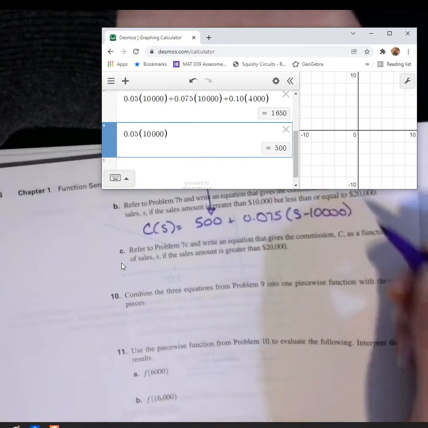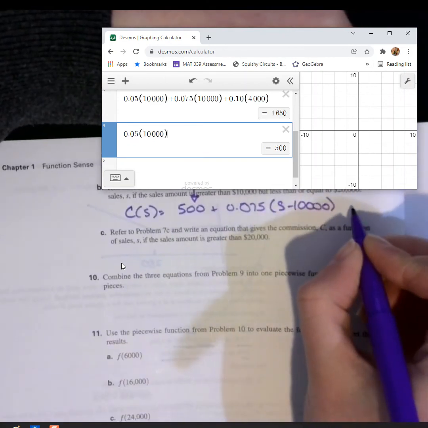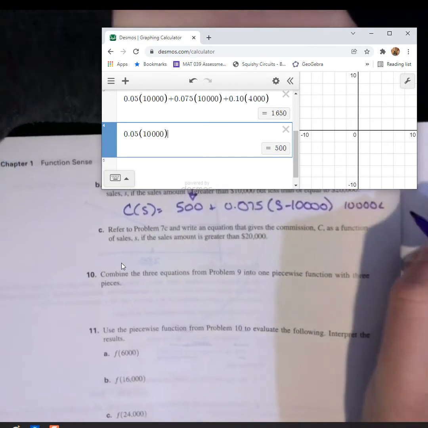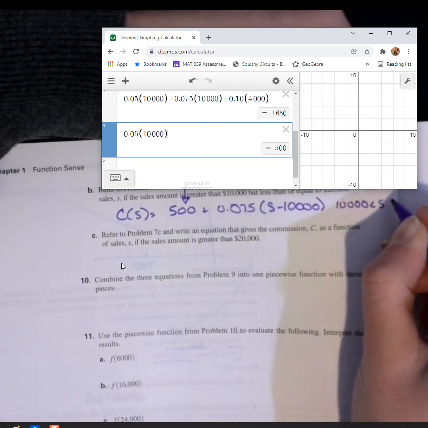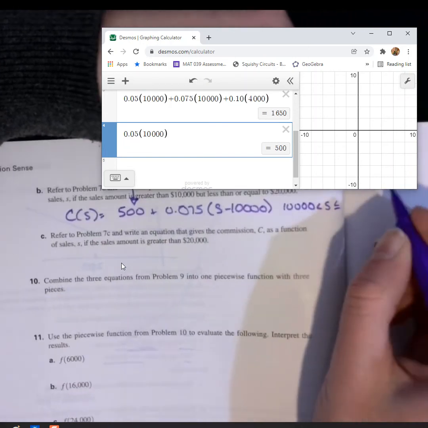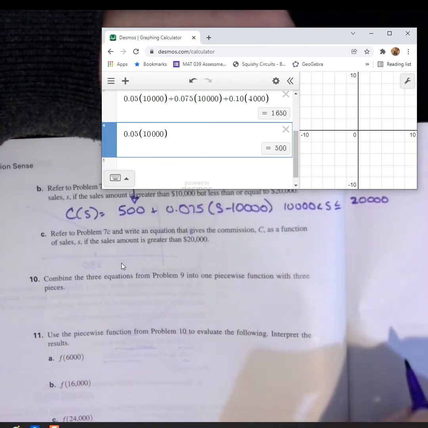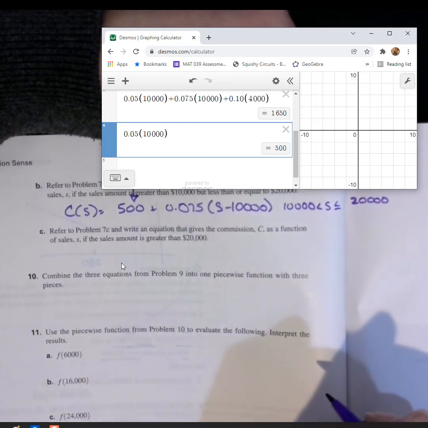And the condition on this is going to be if S is larger than 10,000, but less than or equal to 20,000. I'm going to sneak it on the next page. Okay, didn't have room on that page.